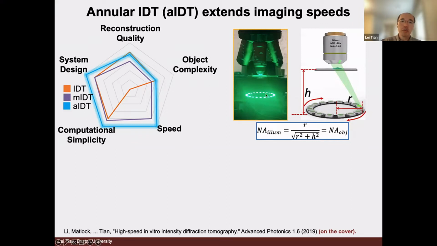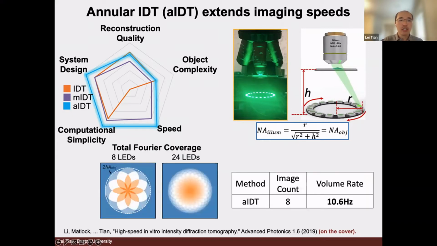That's not important. The more important thing is that now we've changed to a different LED ring. This is the actual illuminator, but in reality, when we take the data, we just scan through each LED at a time around the ring. The design principle is that we place the LED ring at a particular distance h by design, such that the illumination angle matches the NA of the objective lens.